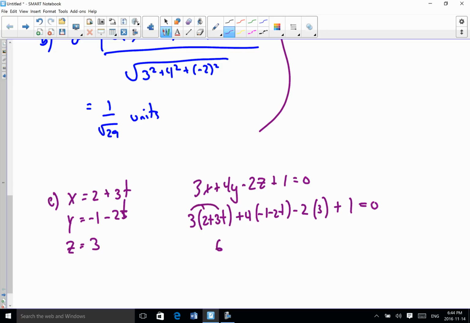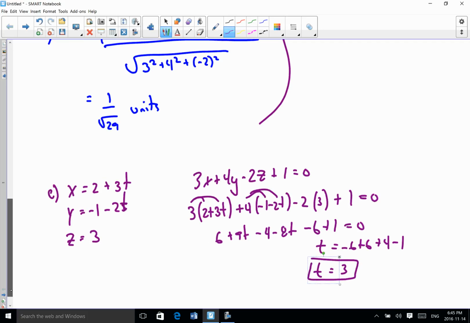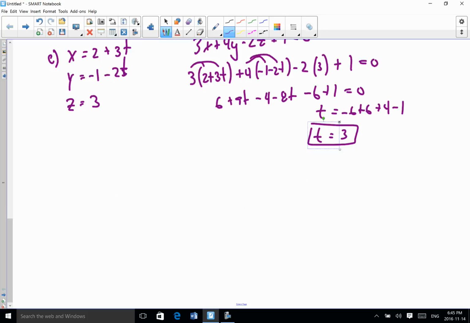So we'll expand, and we'll collect. So we'll get 9t minus 8t is just t. The 6's cancel each other out. Just to show that, we get negative 6 plus 6 plus 4 minus 1. Or in other words, t is 3. So if t is 3, we can now figure out the point where these two things intersect. X is 2 plus 3t, which is 2 plus 9.